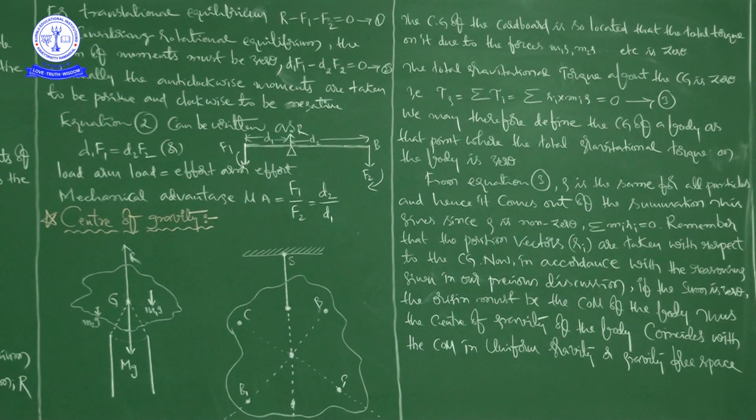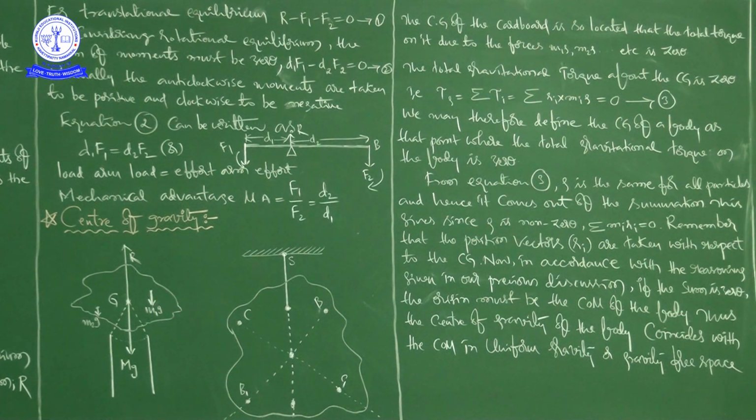Since g is non-zero, you can write sigma Mi Ri equal to 0. Remember that the position vectors are taken with respect to the center of gravity, like R1, R2, whatever the point may be.